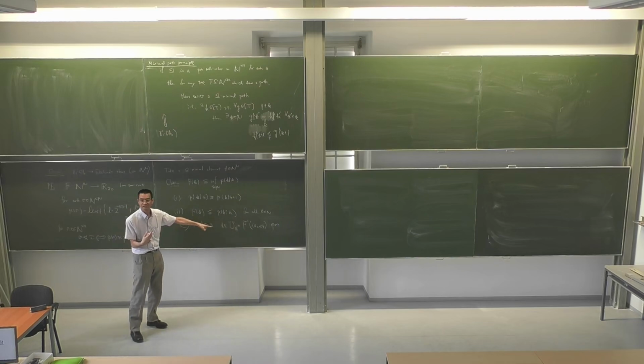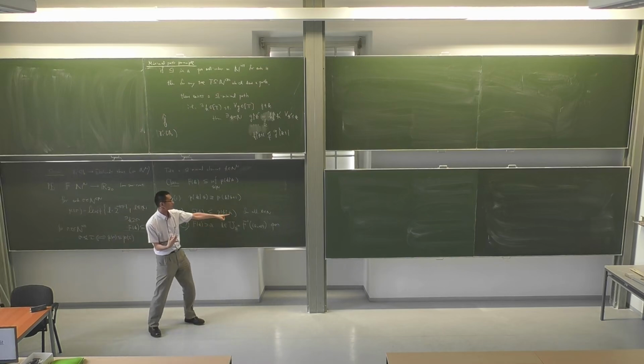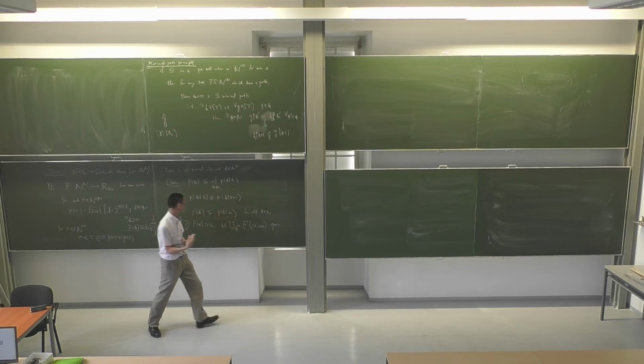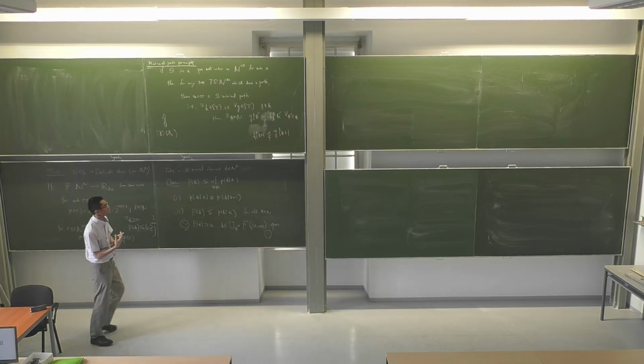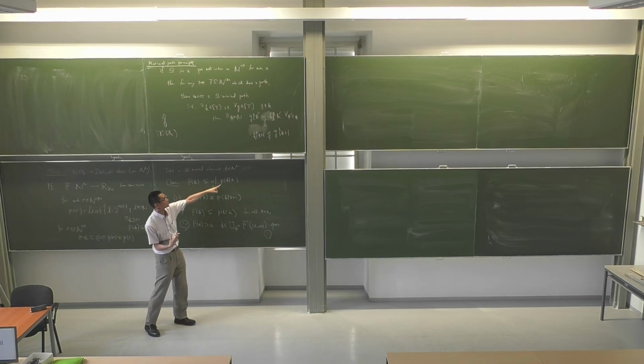So some h restricted to k is in this open interval. That means F of h is more than this one.